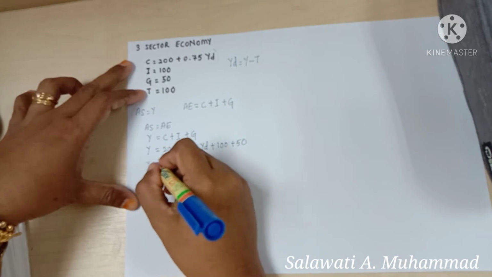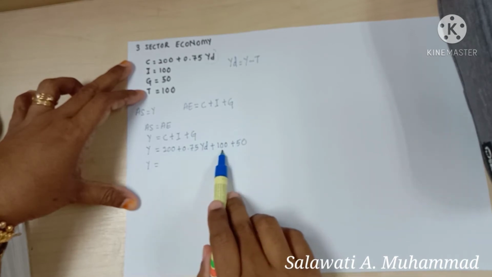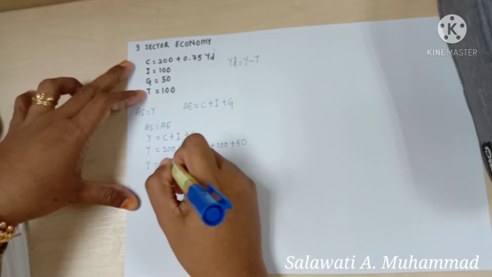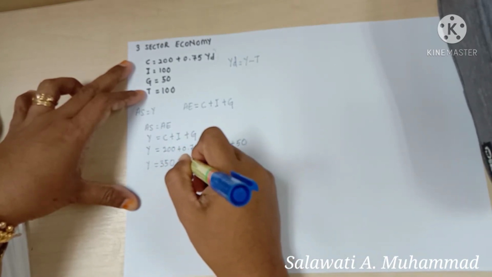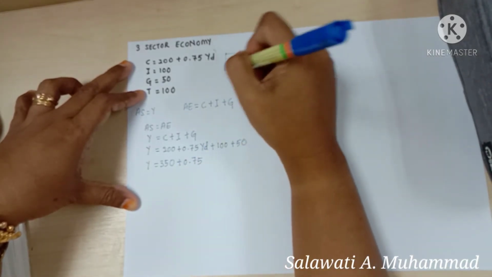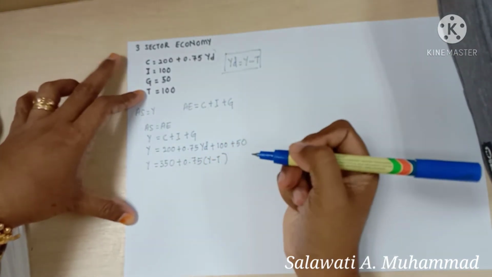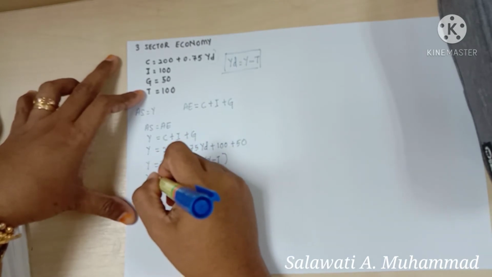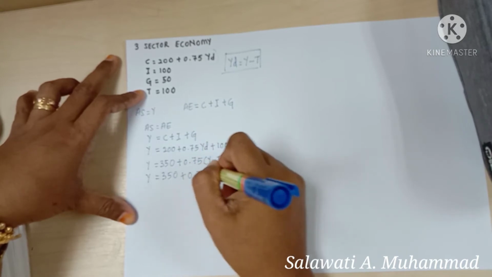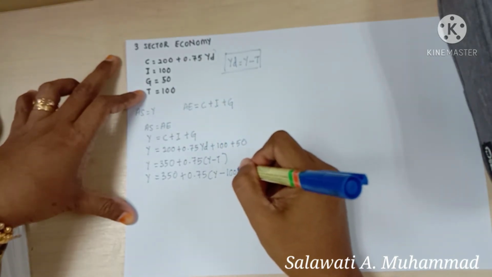Y equals 200 plus 100 plus 50, it will become 350 plus 0.75 YD, which is Y subtract T. Meaning Y equals 350 plus 0.75 Y subtract T, where T is 100. We put 100 here.